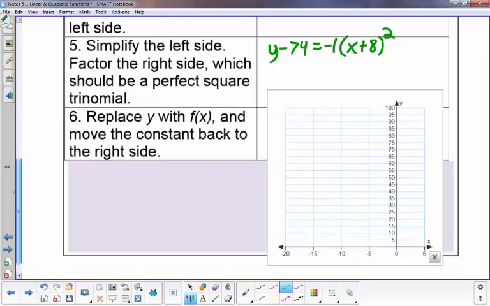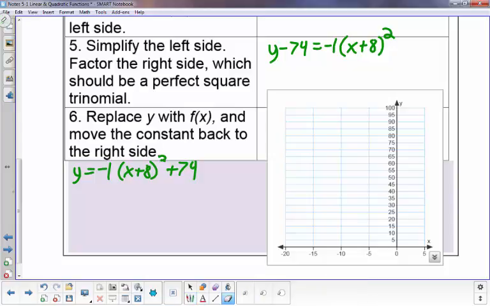And then we can write our function as y equals negative 1 times x plus 8 squared plus 74. Of course, we can write that instead as f of x equals negative 1 times x plus 8 squared plus 74. That's fine. And to graph it, we are at minus 8, 74.